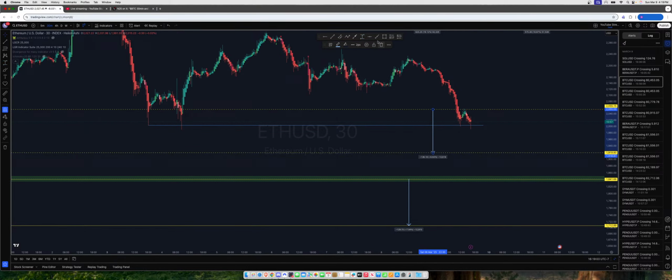Anyways, that's basically our plan on Bitcoin and Ethereum. So for streaming purposes, obviously we'll use Bitcoin and Ethereum index charts. What I personally use is the Coinbase chart for tracking with my alerts and all that stuff. This is what I currently have.